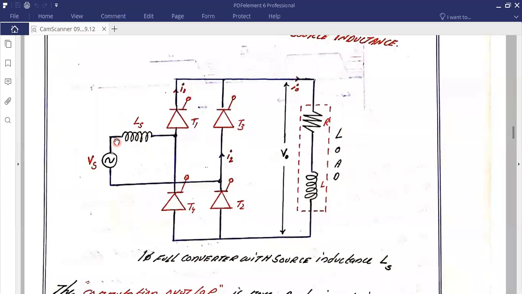As the load draws a current of I naught, I naught multiplied by the internal resistance of the source is the magnitude of power dissipated in the resistance. So ultimately the average converter output voltage is going to be reduced. That is the major consequence of the source resistance.